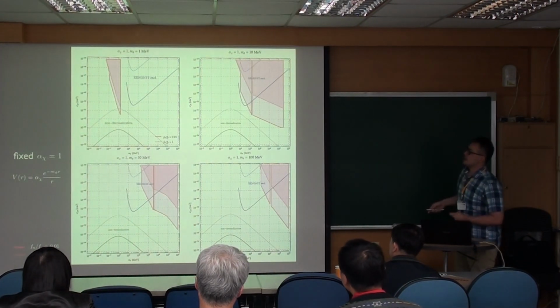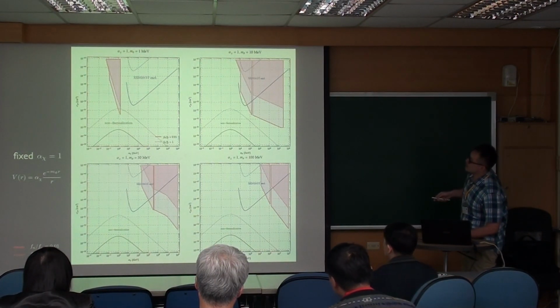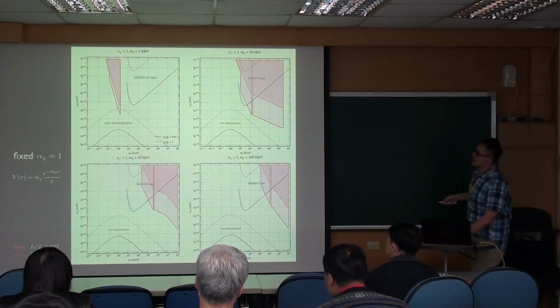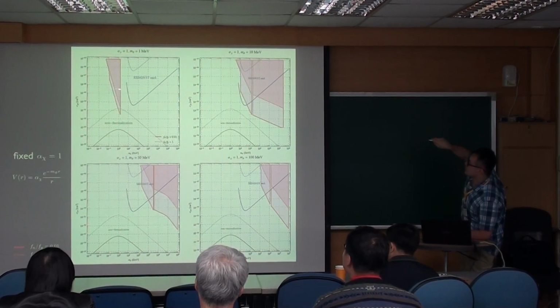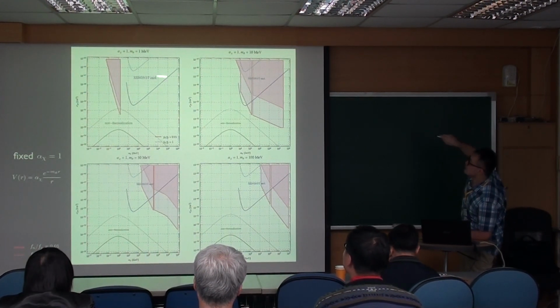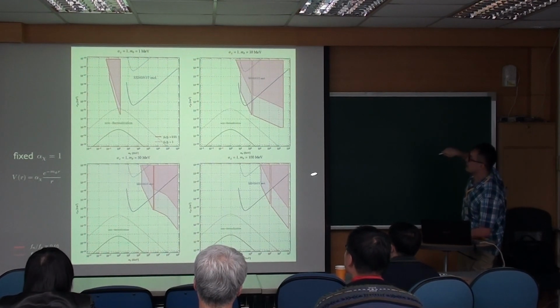On the other hand, the 4 plots in this slide are the same as the previous ones, but this time we fix the Yukawa coupling. From left to right, top to bottom, the mediator mass becomes heavier and heavier.